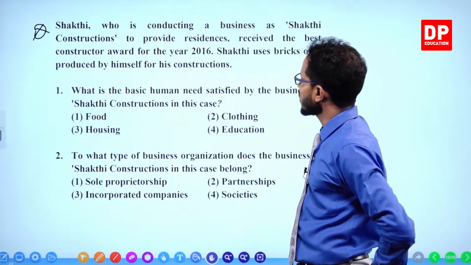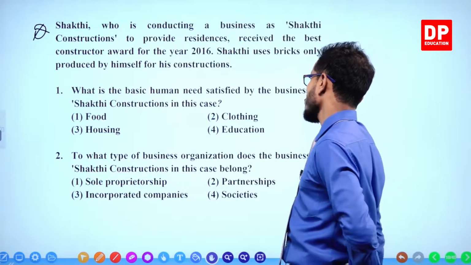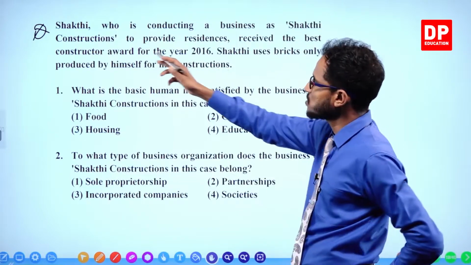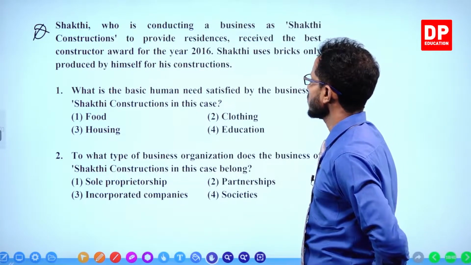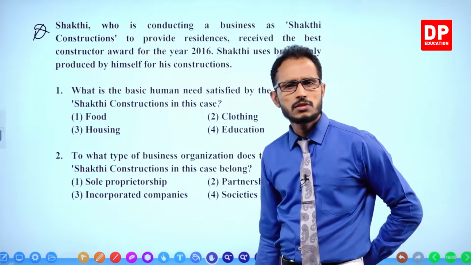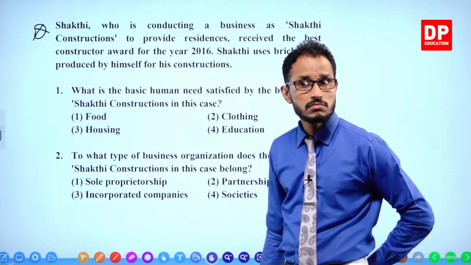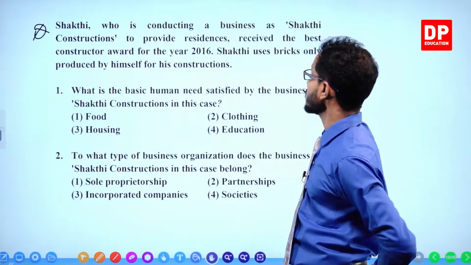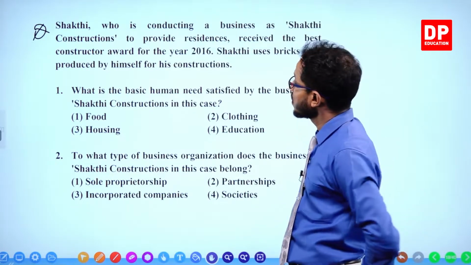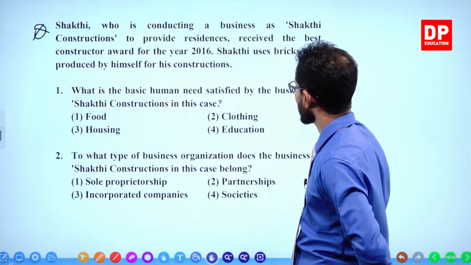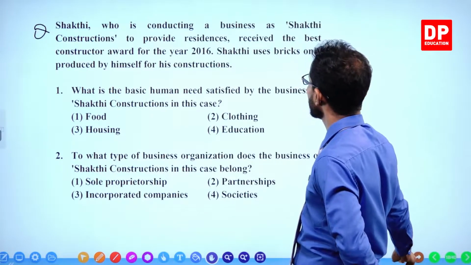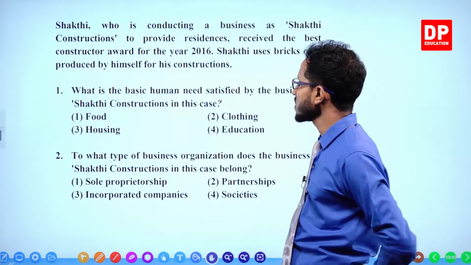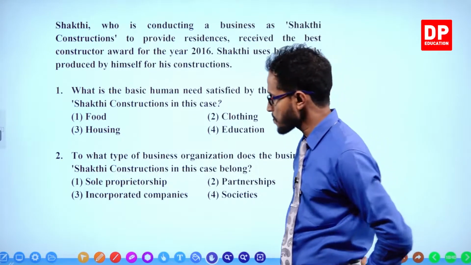Shakti, who is conducting a business as Shakti Constructions to provide residences, received the Best Constructor Award for the year 2016. Oh, really? That's a good award, a good recognition. Shakti uses bricks only produced by himself for his constructions.